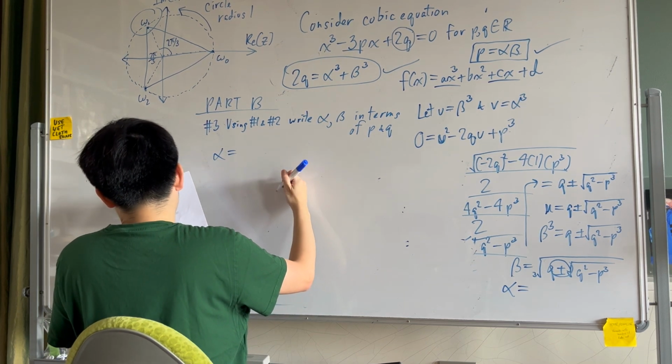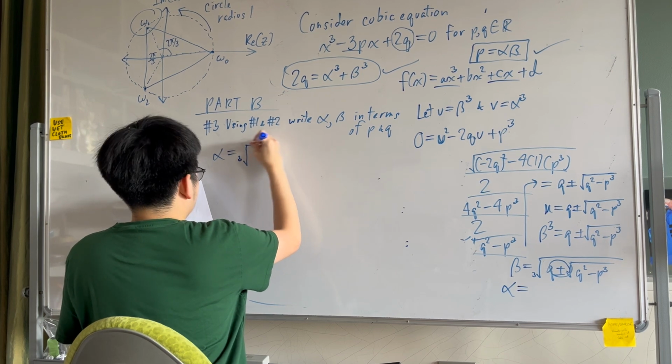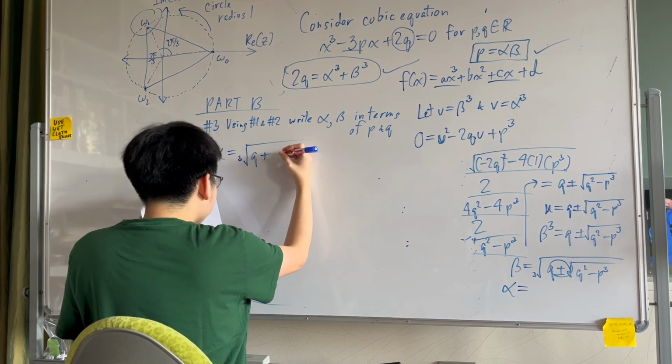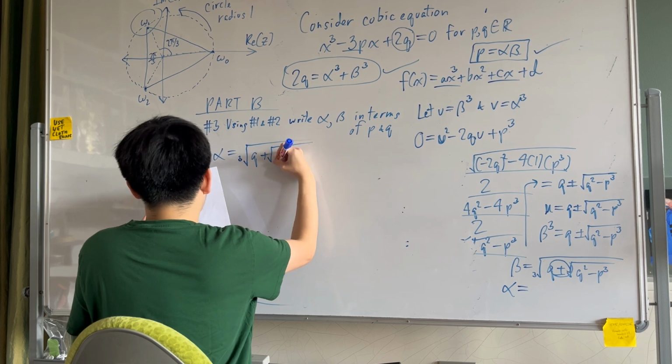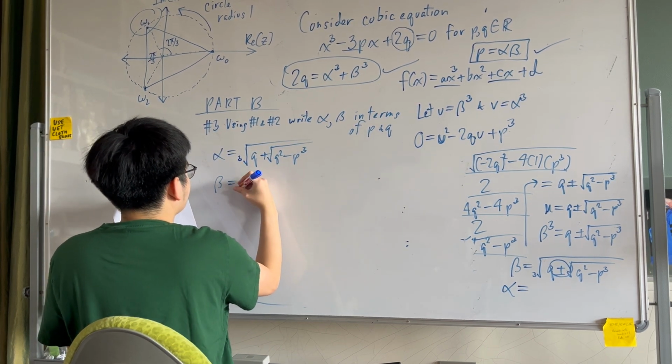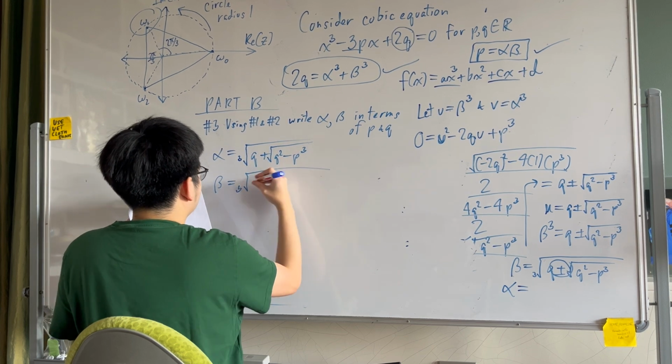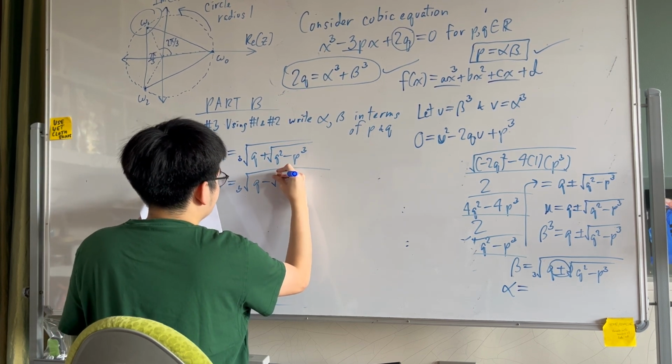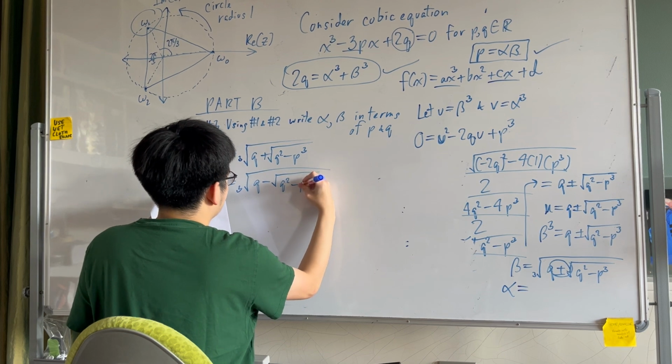One root will be alpha equals cube root of q plus square root of q squared minus p cubed, and then the beta will be cube root of q minus square root of q squared minus p cubed.